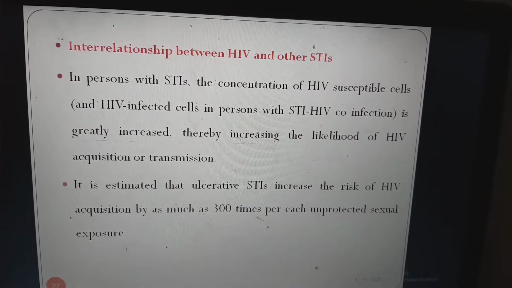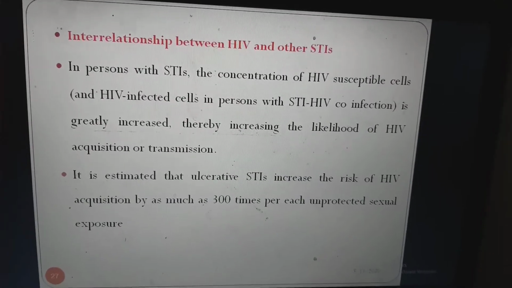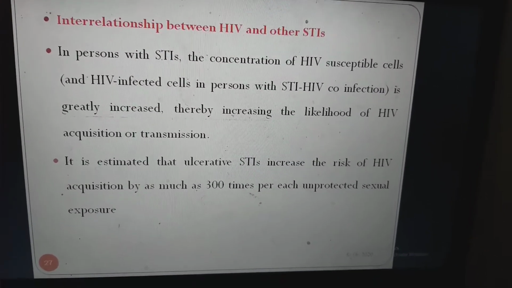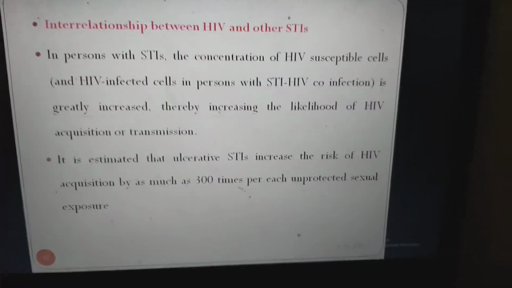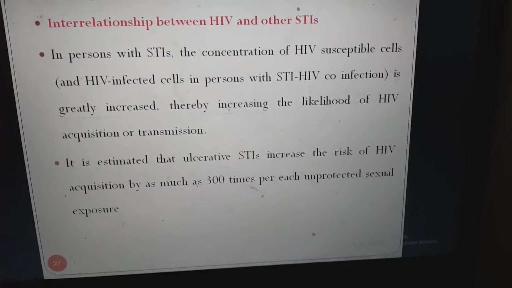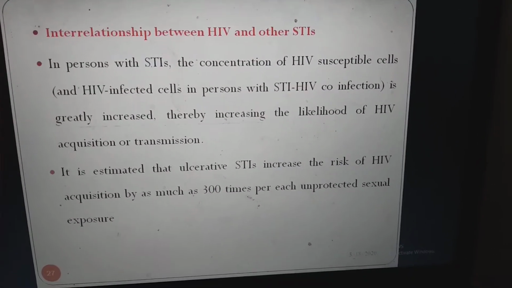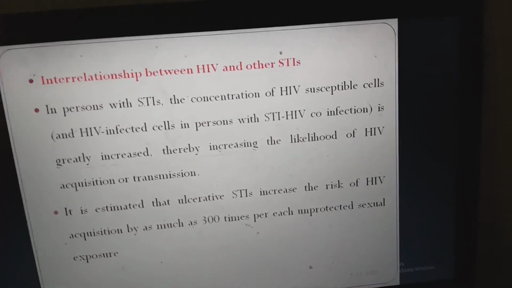It is estimated that ulcerative STIs increase the risk of HIV acquisition by as much as 300 times per unprotected sexual exposure. So the relationship is mutual. Where there is HIV, the estimated risk of STI increases more than 300 times.